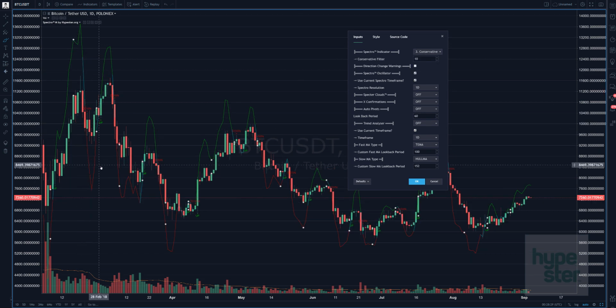Now all the moves have fewer peaks. It kind of filters the move out. So what changes is the speed. When you're trading fast moving assets, let's say you're doing scalps on the 1 minute, you want to use aggressive because you want to get in as fast as you can. You want your indicator to be as reactive as it can.